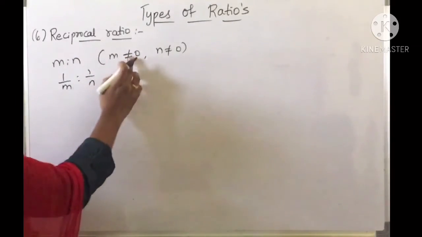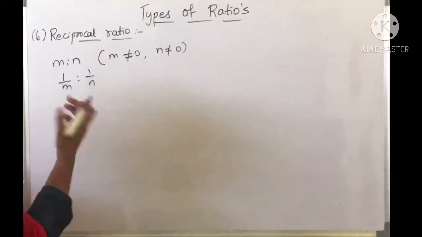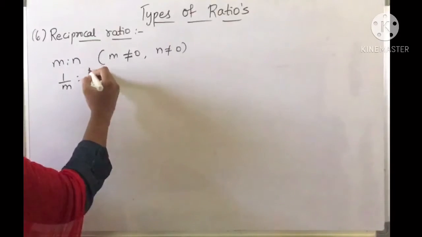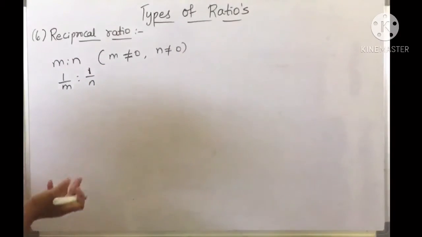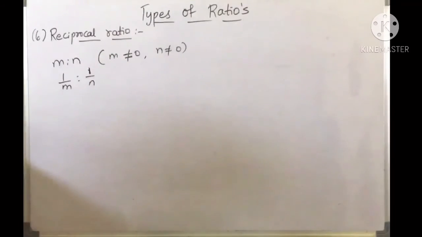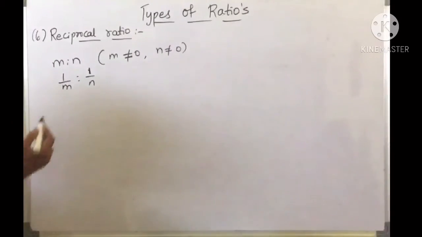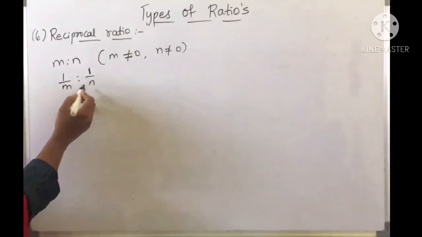If the denominator is 0, the value does not have any appropriate value. The value doesn't exist. Division by 0 is not defined, right? So that's why m is not equal to 0 and n is not equal to 0. So the reciprocal ratio of m is to n is nothing but 1 by m is to 1 by n.